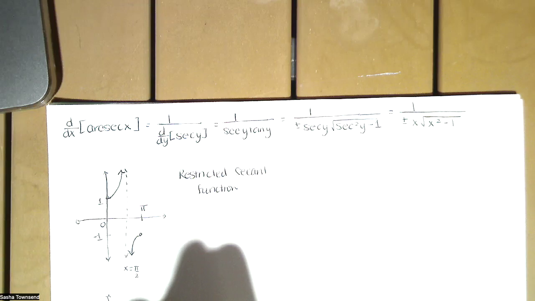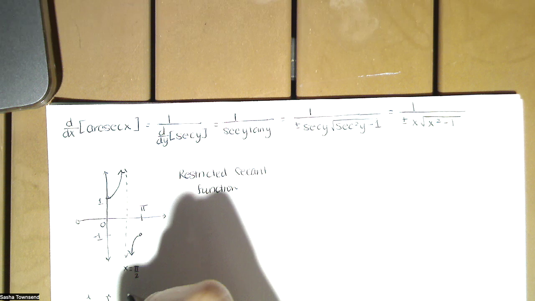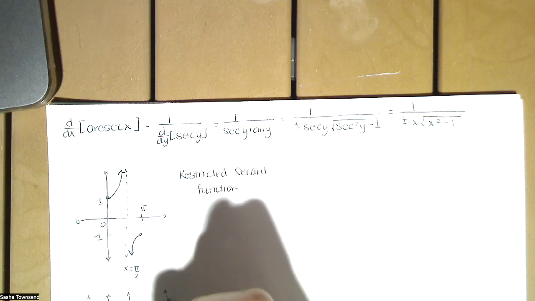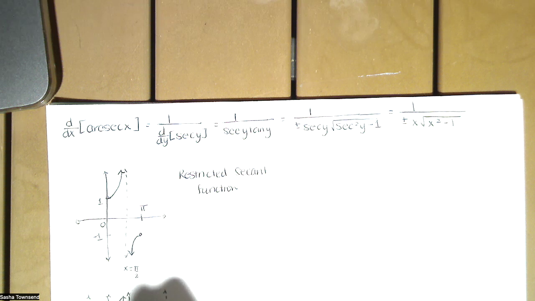And if we're looking at the tangent graph at the same time, the tangent looks like this. Tangent has asymptotes at all the odd multiples of pi over 2 as well.